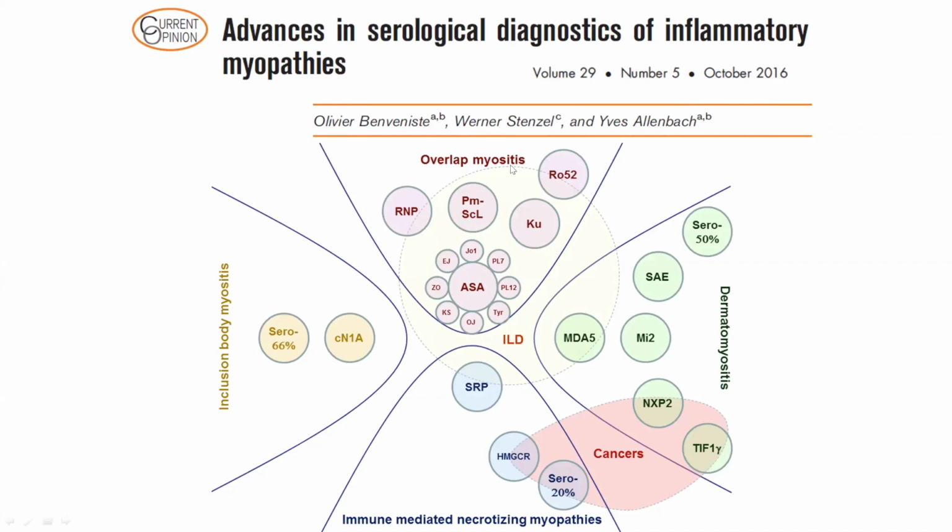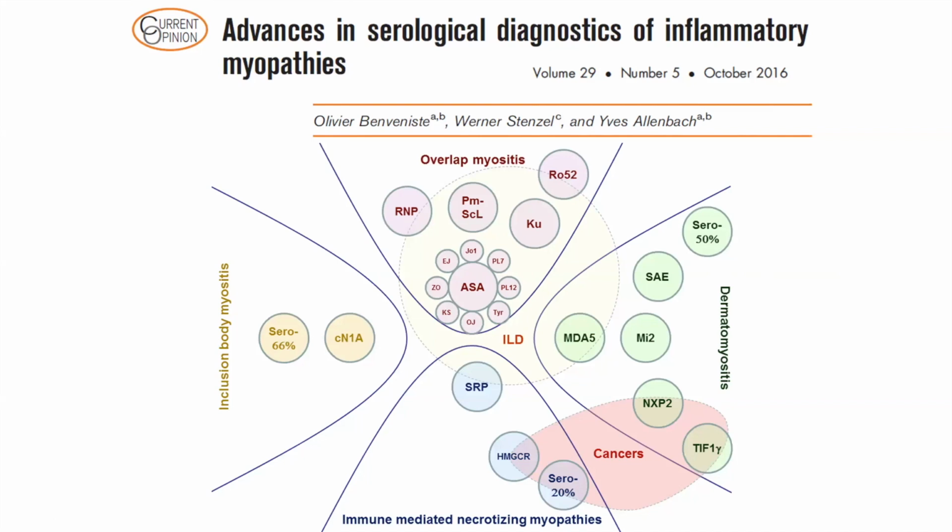The group of what I call overlap myositis, overlapping with other connective tissue disorder features, such as the interstitial lung disease that you can observe in scleroderma, but also arthralgia and Raynaud phenomenon, once again mimicking scleroderma somehow.